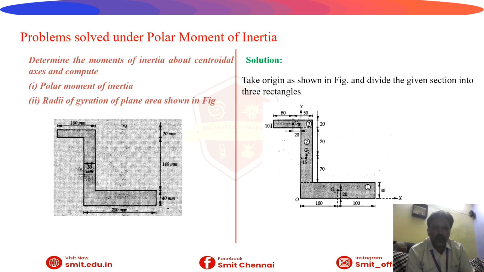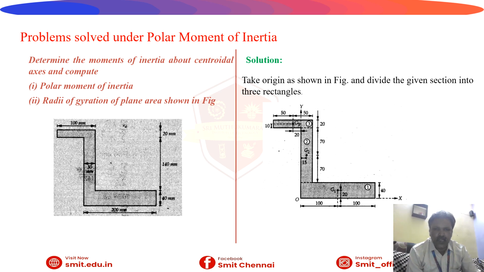Determine the moment of inertia about the centroidal axis and compute the polar moment of inertia and radii of gyration of the plane area as shown in the figure. This is a Z-type channel section.